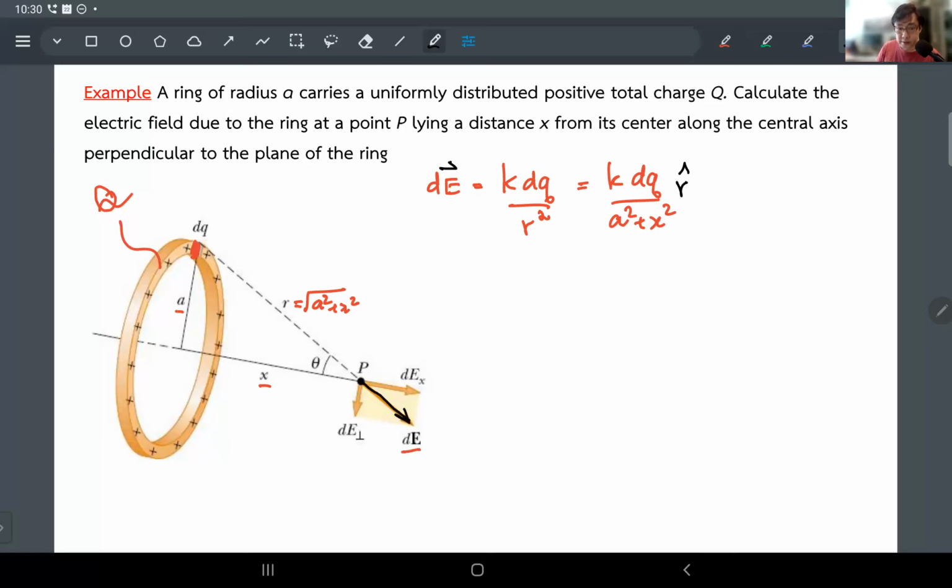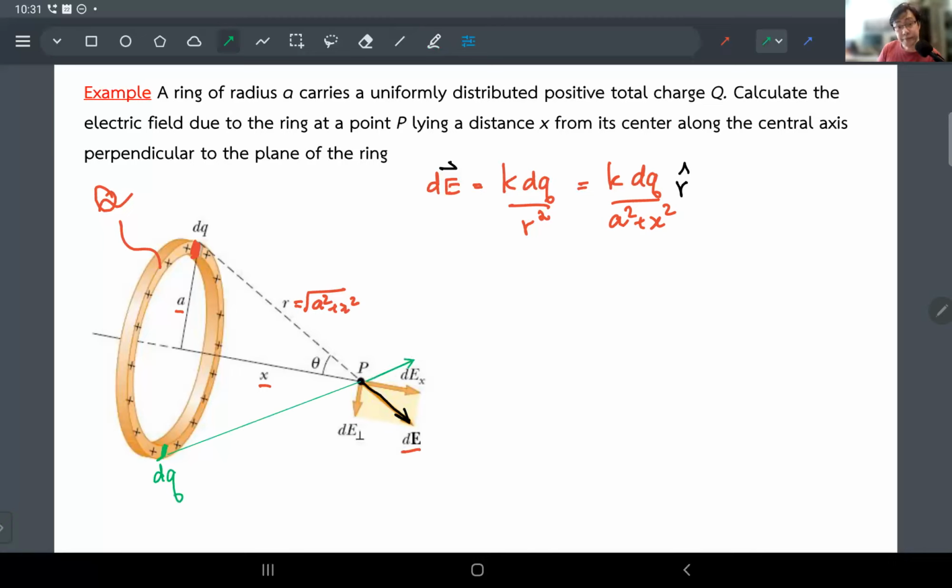So far, so good. Now, let me show you what is going to happen if you keep doing this at other locations. For example, if you go to the opposite end, the bottom of the ring, you slice another piece, that's another dq there. You're going to get some electric field at point P in this direction. Now it's going to point up a bit here.